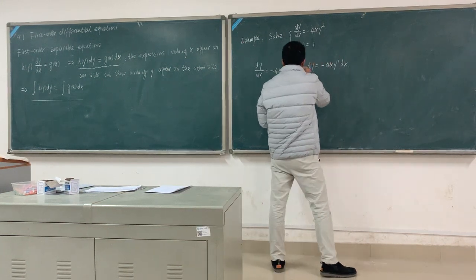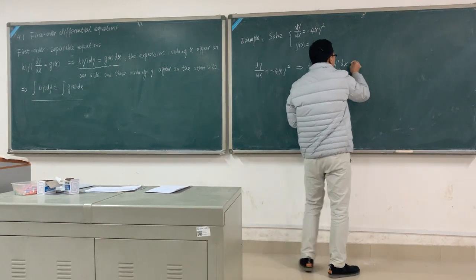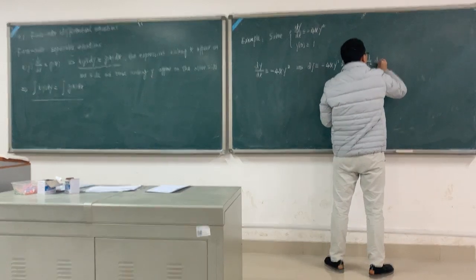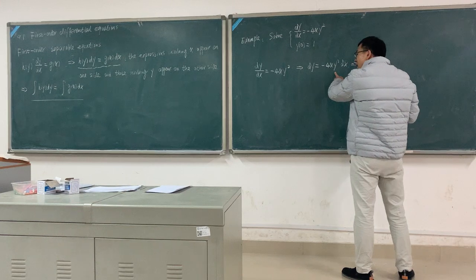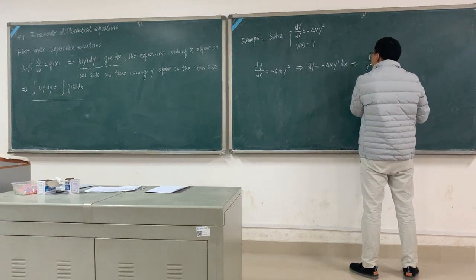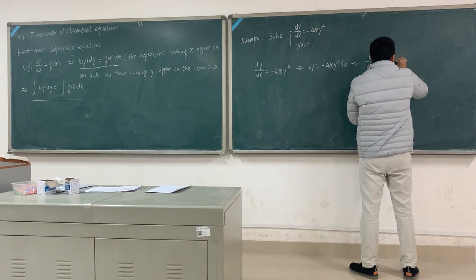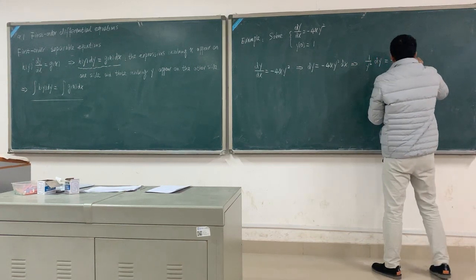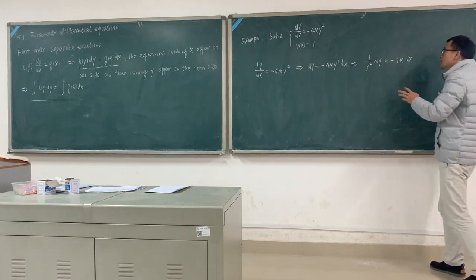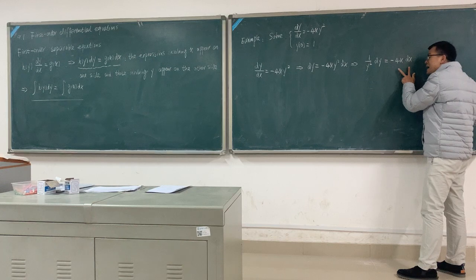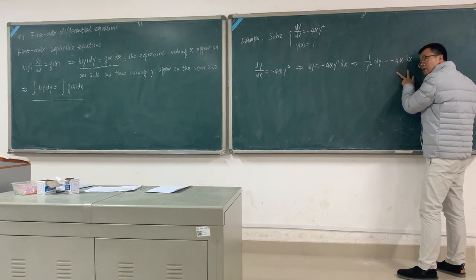So here we have 1 by y squared dy equal to minus 4x dx. Now you can see the left hand side we just have y, and the right hand side we just have x.